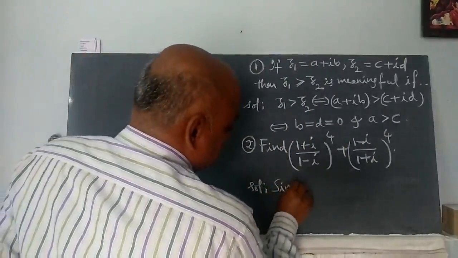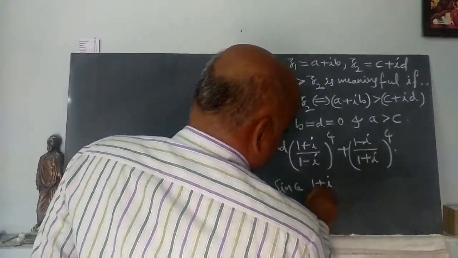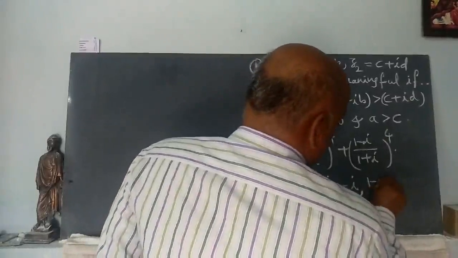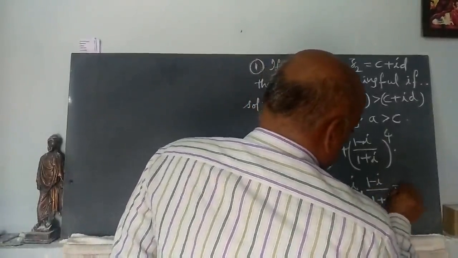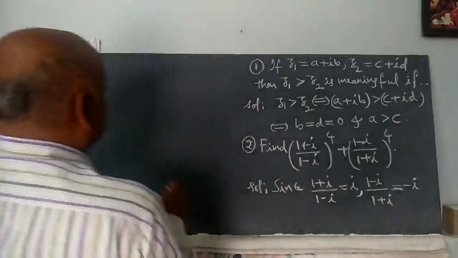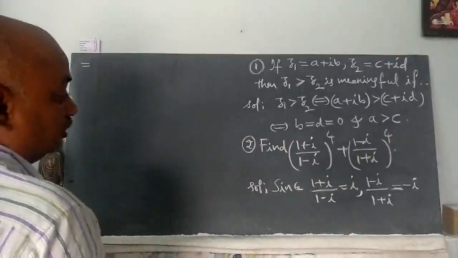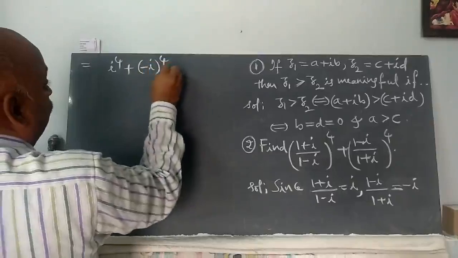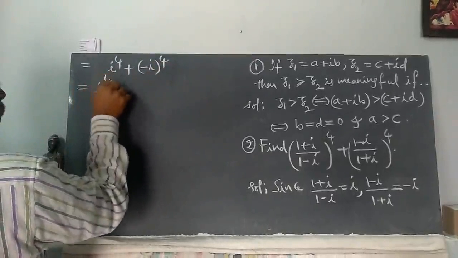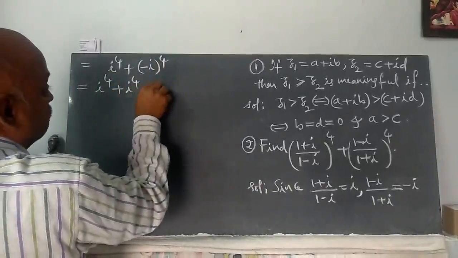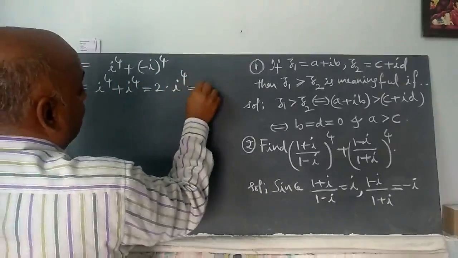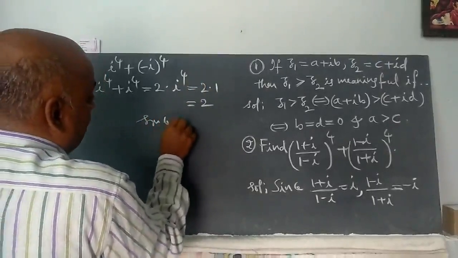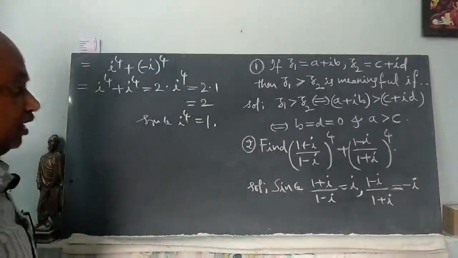Since 1 plus i by 1 minus i is equal to i, and 1 minus i by 1 plus i is equal to minus i, this is equal to i to the power of 4 plus (minus i) whole to the power of 4. So this is equal to i to the power of 4 plus i to the power of 4, which is equal to 2 into i to the power of 4. This is equal to 2 into 1, which is equal to 2, since i to the power of 4 is equal to 1.